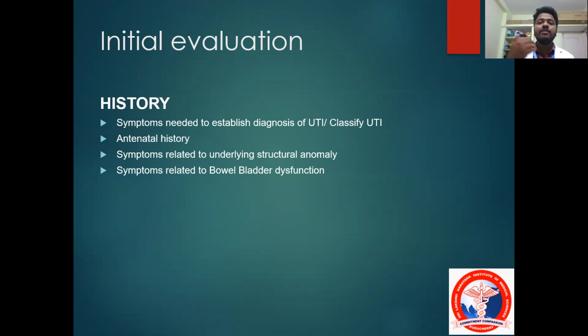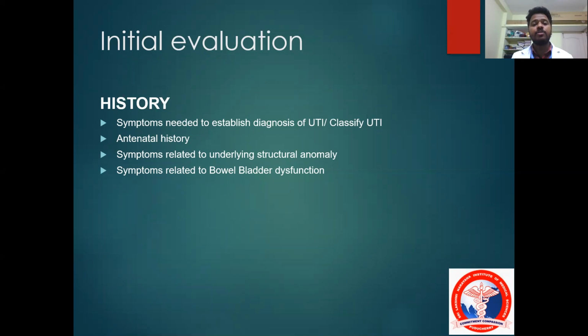I told you simple UTI will be just urinary symptoms, whereas fever, high-grade fever, systemic toxicity, persistent vomiting, dehydration, raised creatinine, and renal angle tenderness will come under complicated UTI. Complicated UTI means pyelonephritis.